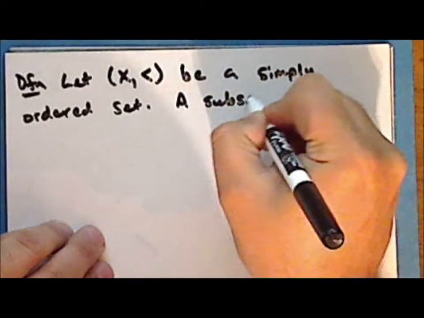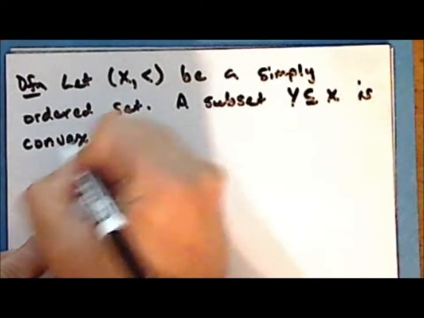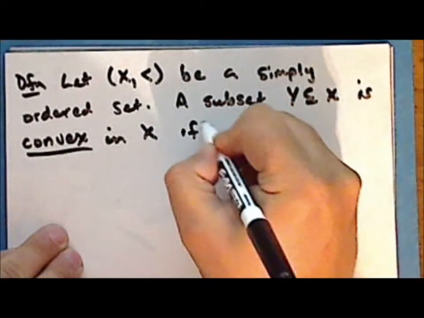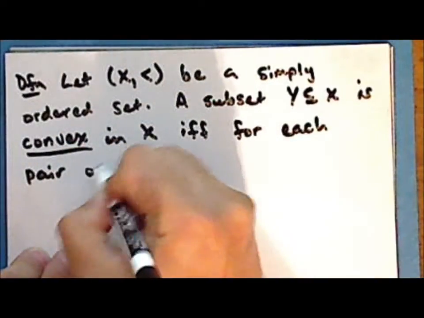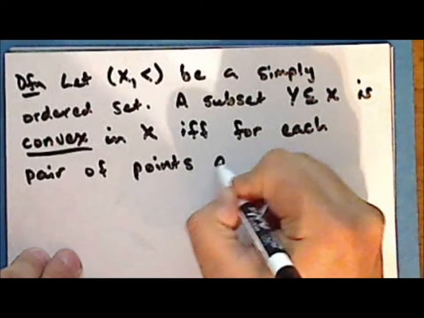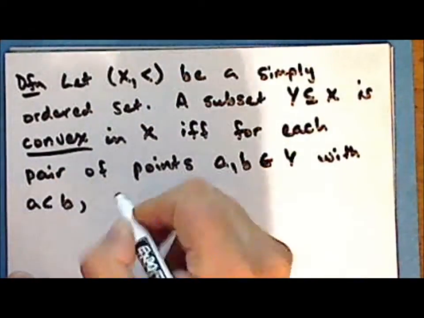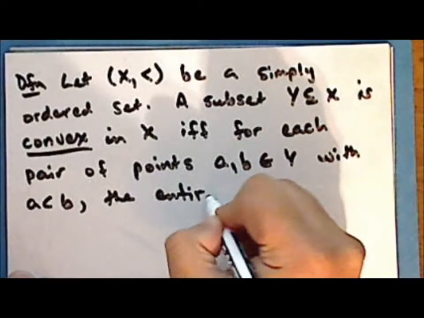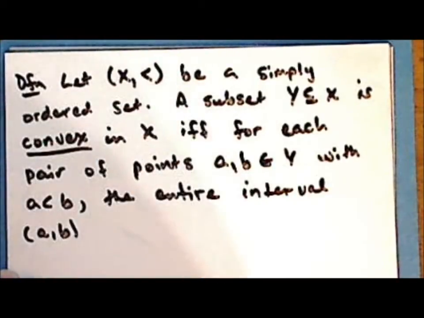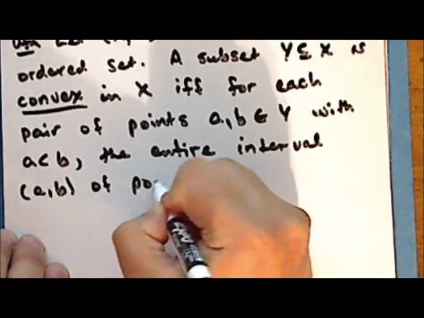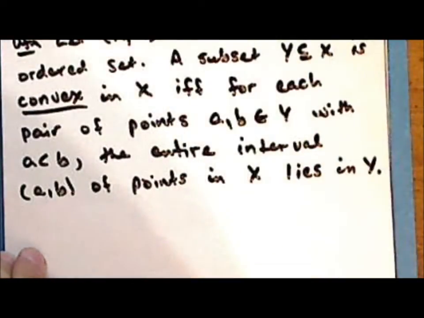A subset Y of X is convex in X if and only if for every pair of points A and B in the set Y with A less than B, the entire open interval from A to B of points in X lies in the subset Y.